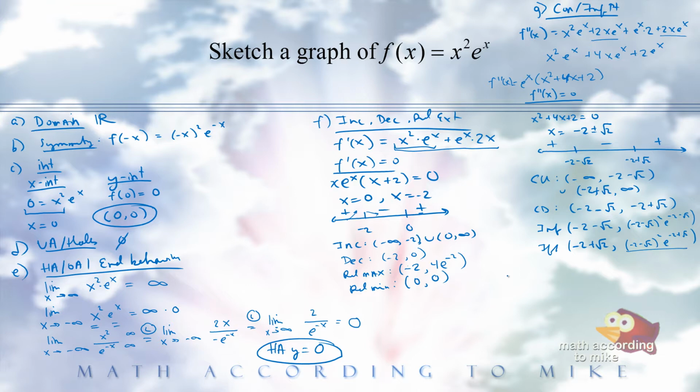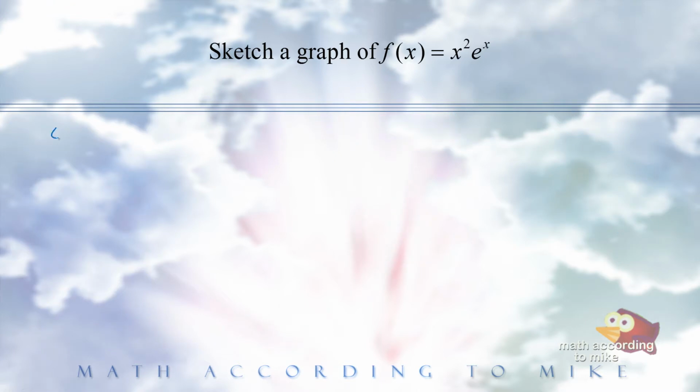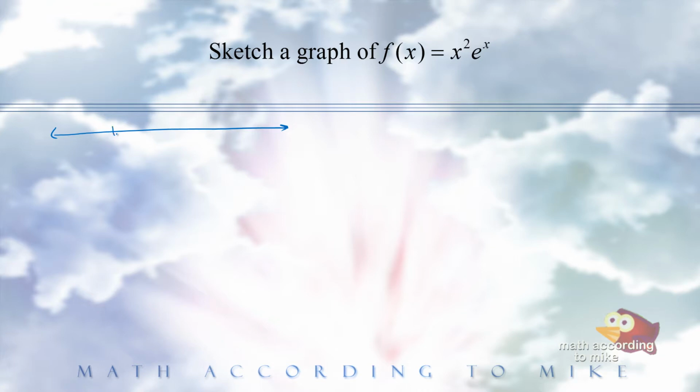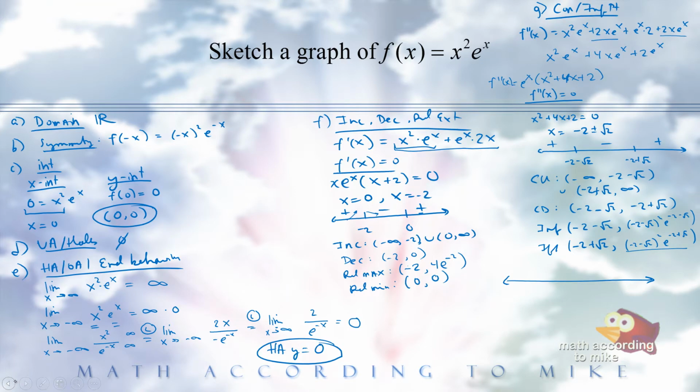All right. Draw a number line. Actually, I'm going to do this on the next page. Draw a number line. We're going to put in all of our critical numbers. They are -2 and 0. And then we had -2 plus radical 2 and -2 minus radical 2.